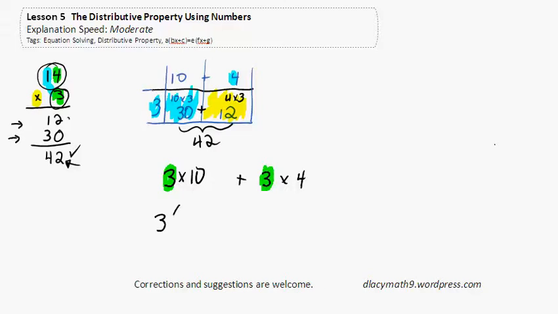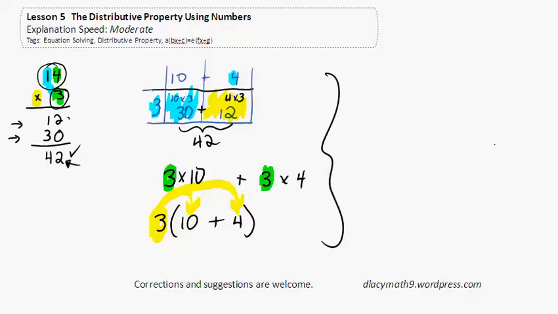We took 3 times 10 plus 4. Now I want you to get used to seeing this a lot. Here's the number that we are going to multiply by 10, and then we're going to use it again to multiply it by 4.